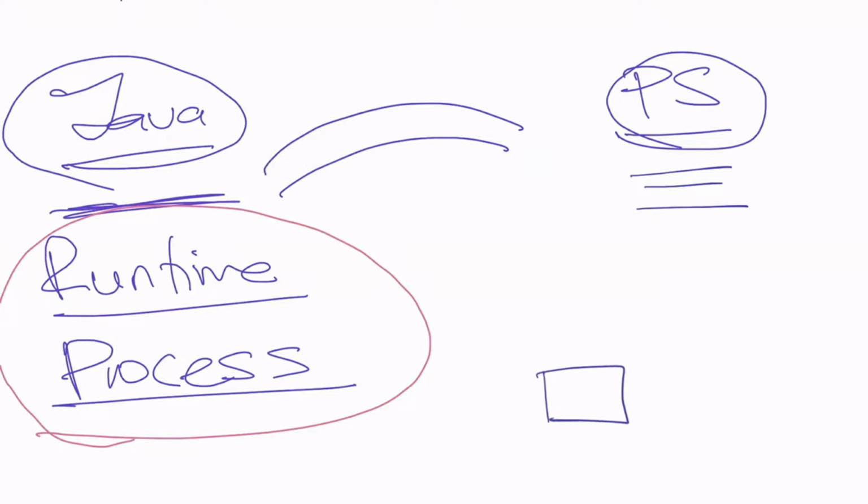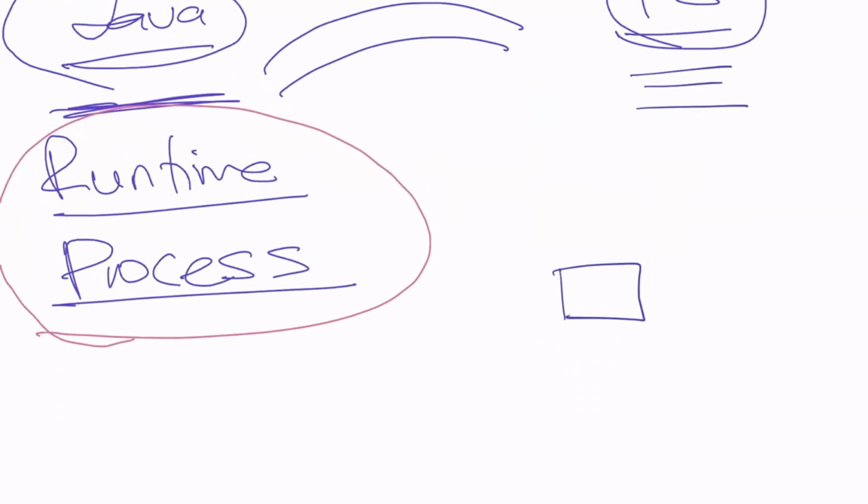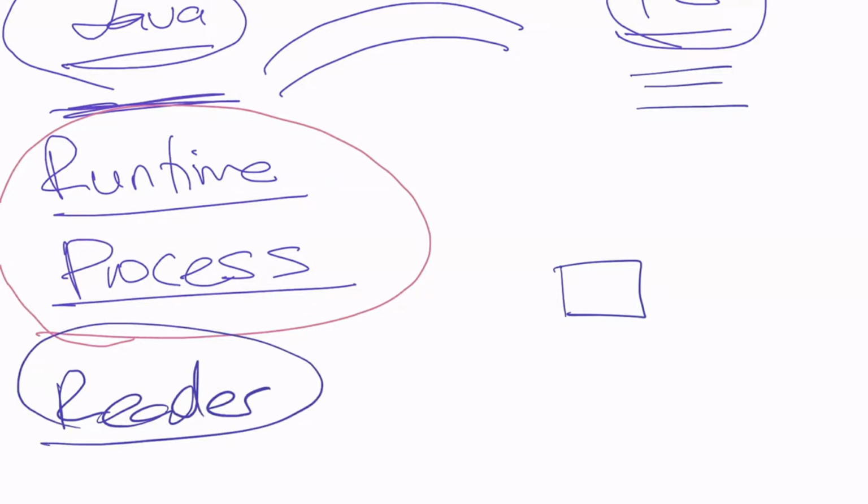In order for us to get this output, we need to somehow read the information presented. So how do we read the information presented? We need to use the Reader abstract class, but not directly. We will use the BufferedReader.